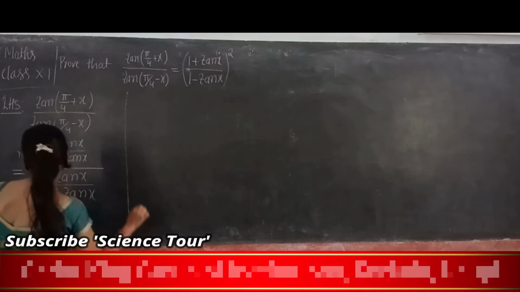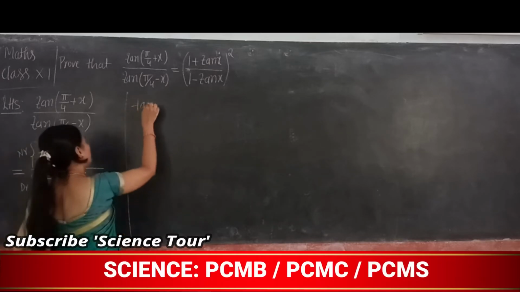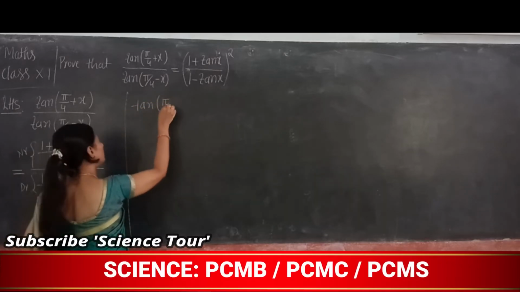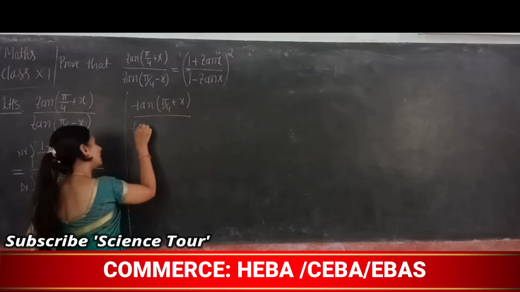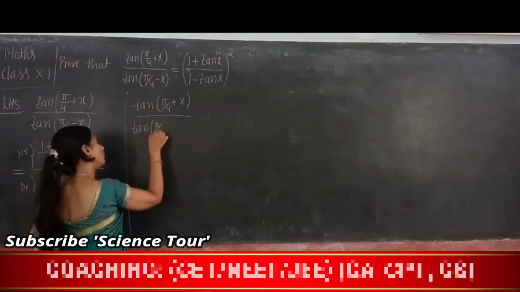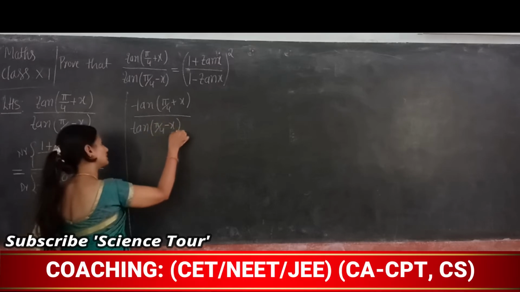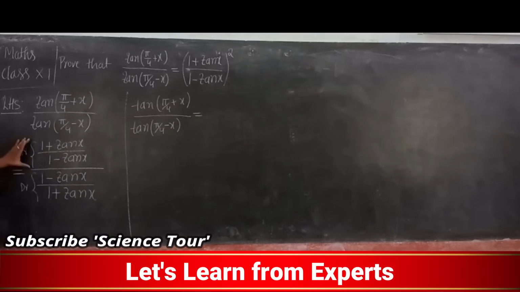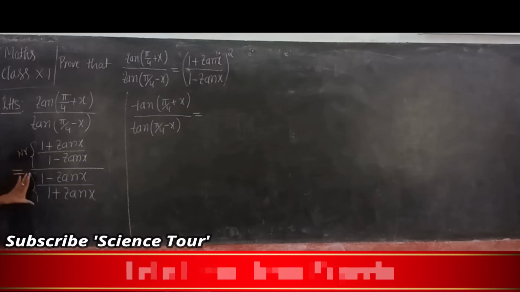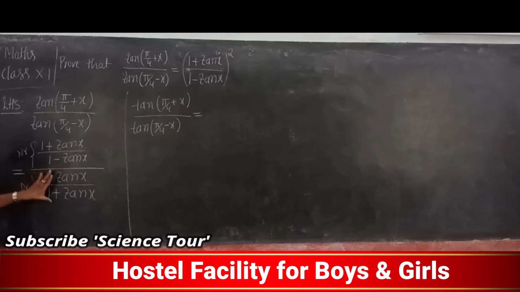So now tan(π/4 + x) divided by tan(π/4 − x) is equal to, see here, this is the numerator and this is the denominator. I take this denominator to the numerator.